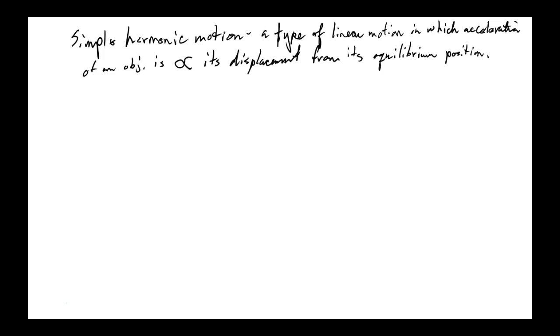That pull is a force. Force is related to acceleration, and the more I pull, the stronger it pulls back. So you see the type of linear motion in which the acceleration of an object is proportional to its displacement from the equilibrium position. The further I get from the equilibrium position, the more it's pulling back.